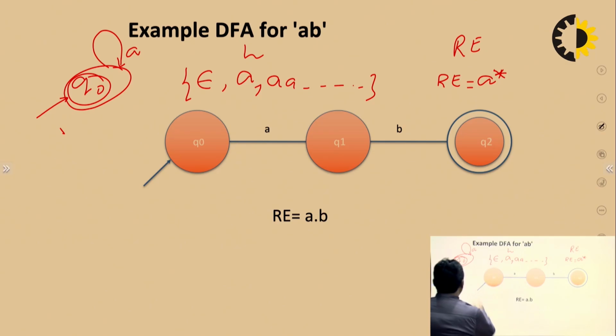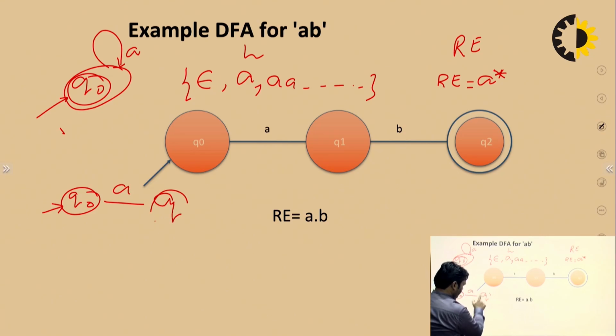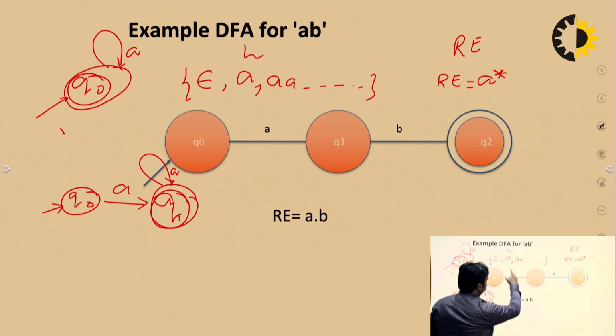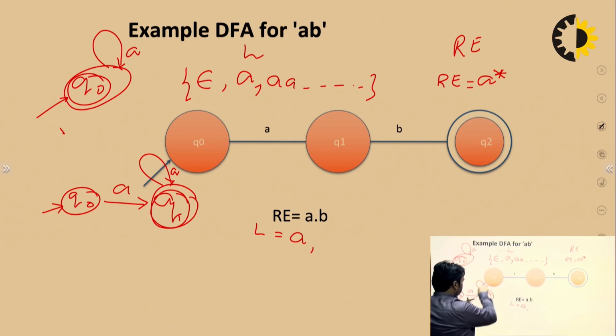Okay, if the finite automata starts at q naught and starts with A, and the final state also uses the symbol A, the language generated for this is A, and at least a single A will be accepted.